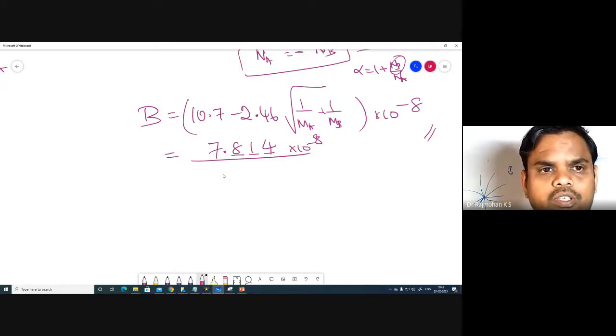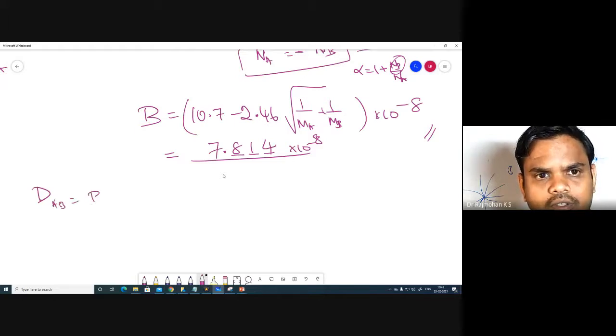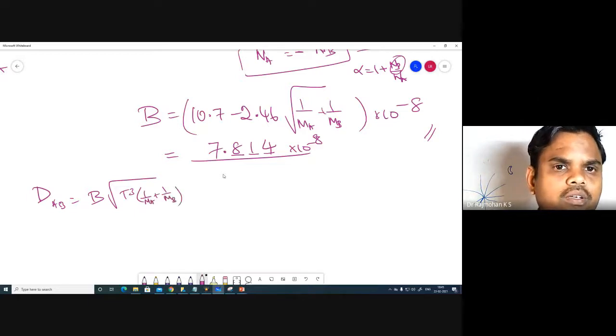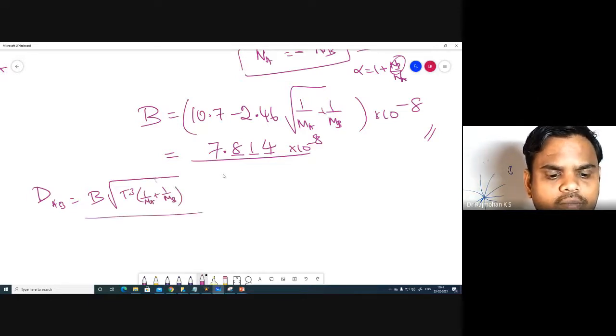We can substitute in the expression DAB is equal to B into square root of T cube into 1 by MA plus 1 by MB, divided by P into sigma AB square into ID. So this we have calculated.